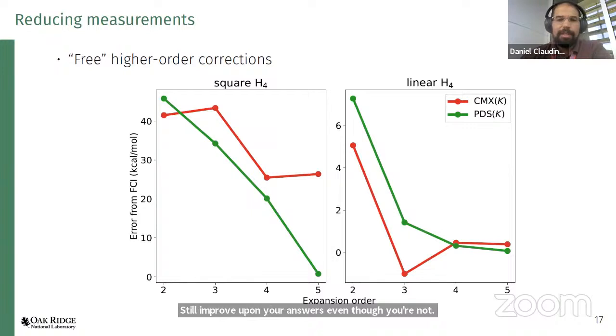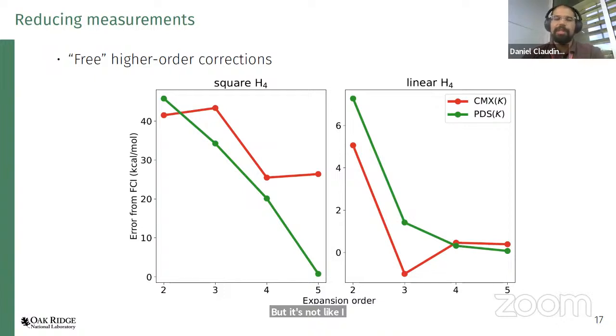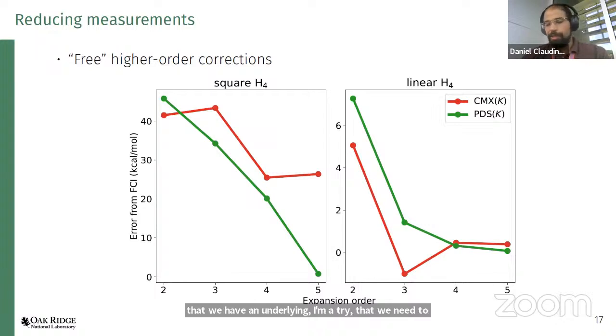And the second thing is PDS has some built-in variational flavor to it, which comes from the way that the linear system is set up. But it's not, like I said, variational in the sense that we have an underlying parameterized quantum circuit that we need to tune until we learn the best combination, which is a good thing here because we see that the CMX one overshoots the energy, and most of the time that's not good because we like bounds.